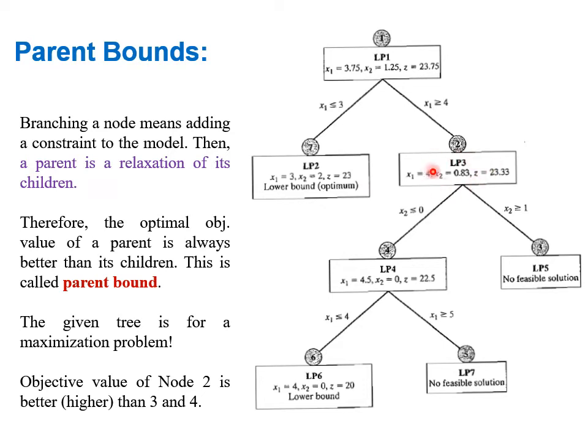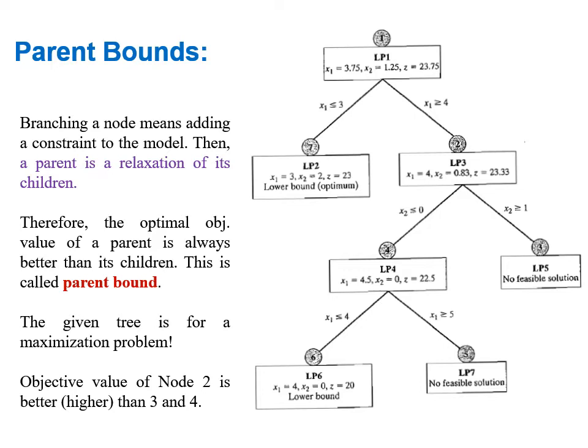Okay, similarly, let's consider LP3. LP3 is the parent of LP4 and LP5. The objective function value of LP4 is 22.5. You see the objective function value of the parent is higher than its child. So don't look at the infeasible solutions because they don't have any feasible solutions.